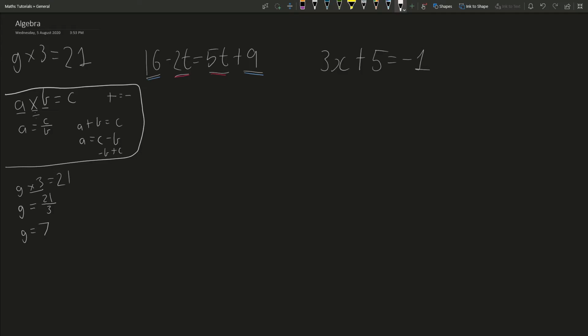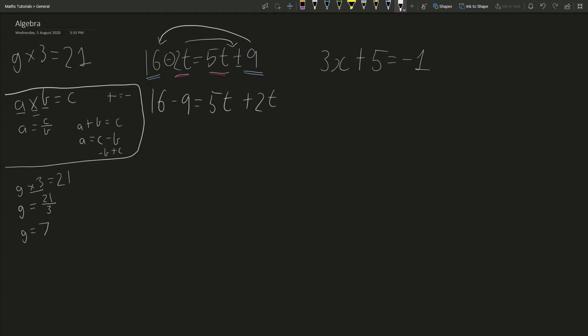Now, this 9 we can move across to the other side. So we have 16, and because this 9 is a positive, it's now going to be a negative. 16 minus 9 equals this 2t, we're going to move to the other side, and because it's a negative, it's now going to become a positive. So we have 5t plus 2t.